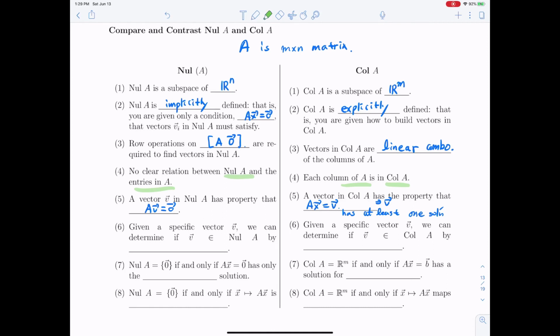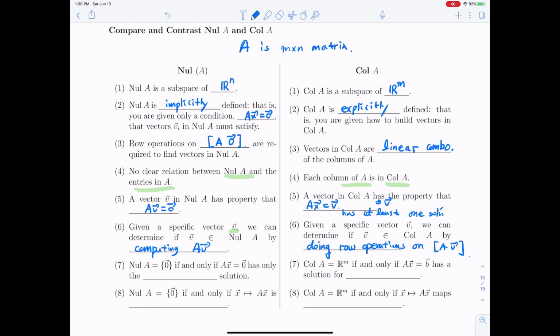And for a given specific vector v, we can easily determine whether the vector sits inside the null space by calculating A times v. If that is 0, then it's an element of the null space, and if not, it's not. But for the column space, we have to do row operations on the augmented matrix [A v] to see whether the given vector is an element of the column space.